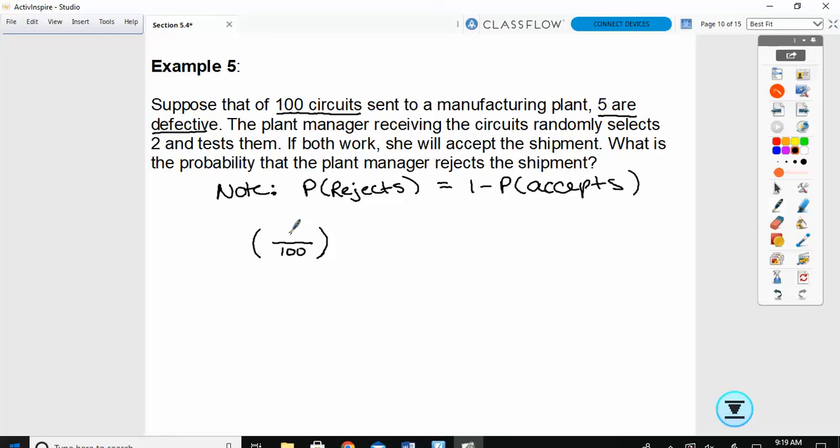Out of those 100, how many of them work? 95. Okay, here's the conditional probability. I had a box of 100, 95 of them worked. If I took out one of them that worked, how many are left in my box? 99. How many of those work? 94, because I took out one of the good ones.